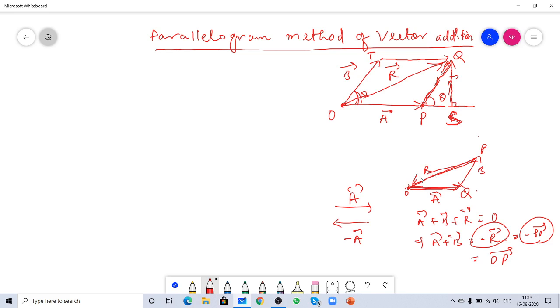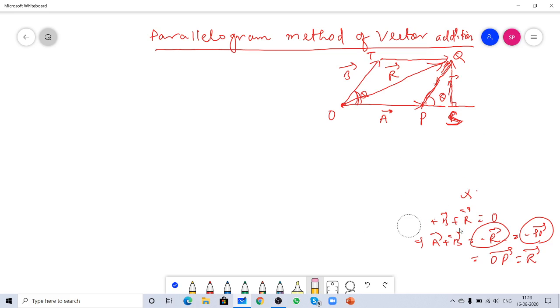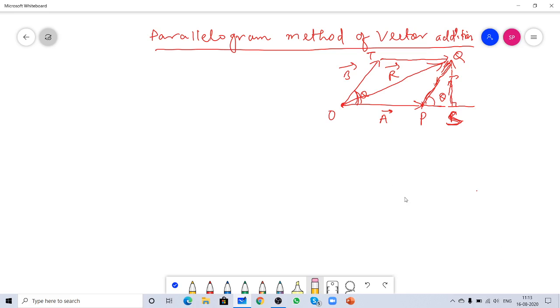So here we can note that A vector plus B vector is this one, OP vector. OP vector is equal to R vector we will write, or the direction will be like this. So from here you can conclude that your A vector plus B vector will be R vector, and R vector will always be directed opposite to the order of these two vectors.